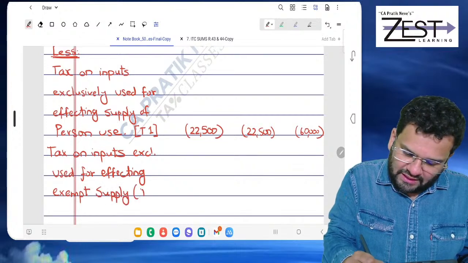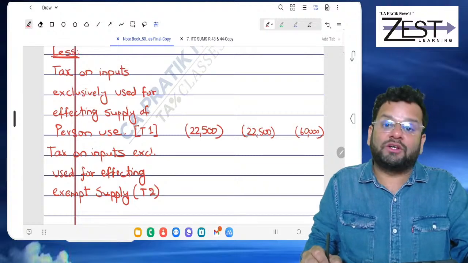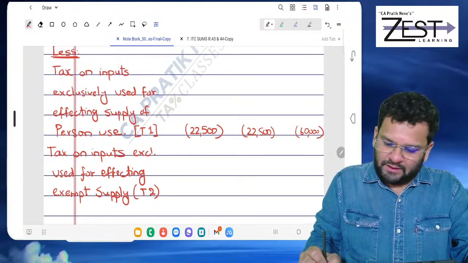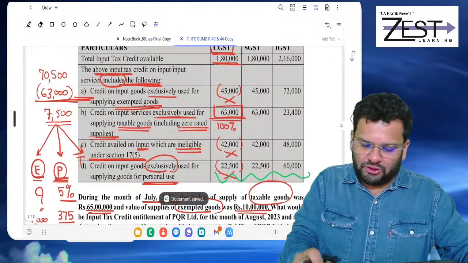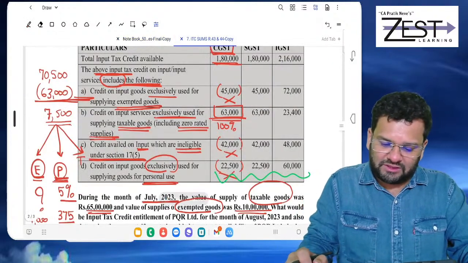Okay, so friends, that is your T2. So what is your T2? T2 check: exclusively used for doing exempt supply.